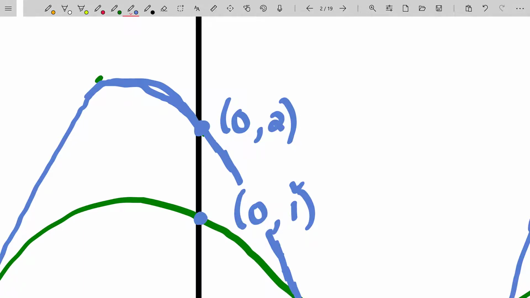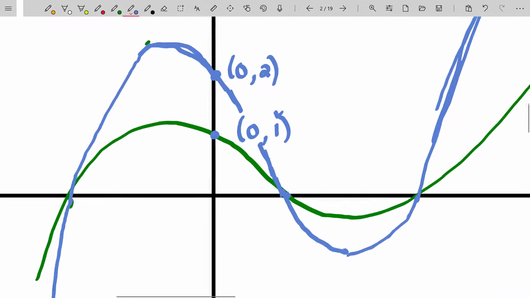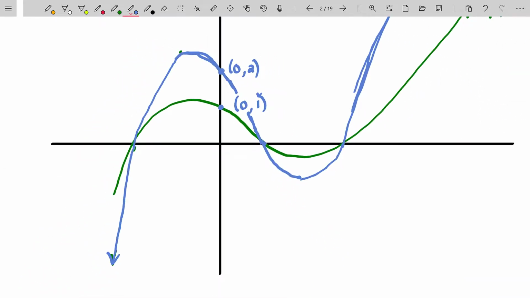It'd be 2. F of x was originally 1 at time 0. So as x is approaching 0 for our function 2 times f of x, it ends up being 2, which by the way is twice what the limit is as x approaches 0 for the original function f of x.